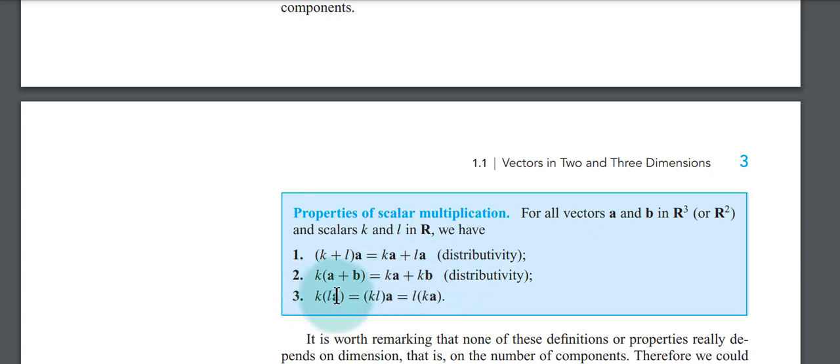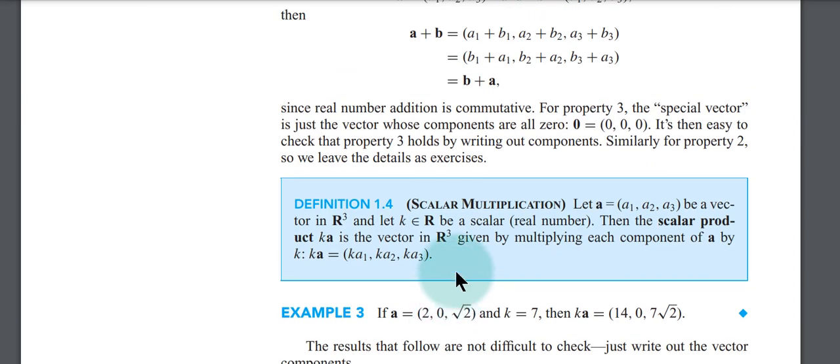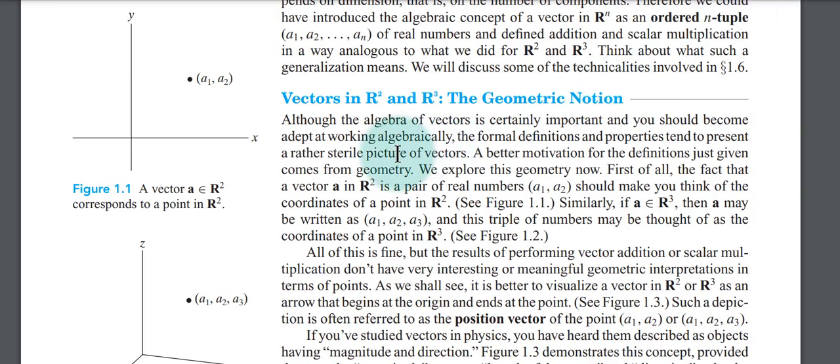And if you have two scalars multiplied in succession, you can do it like this, or you can reverse the order like that. And you can show that these are true based on this definition of what they call scalar multiplication. Okay, now we've defined what we mean by a vector and adding them and when they're equal and multiplying them by numbers and so on.